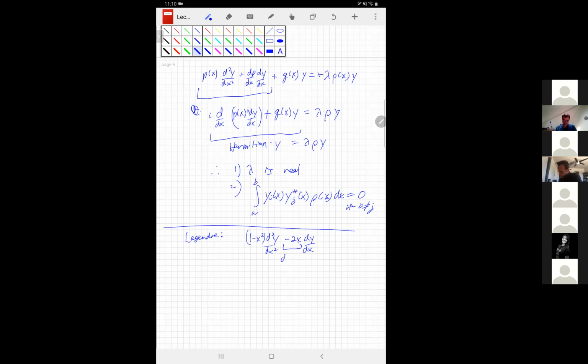Sure enough, this is d by dx of (1 minus x squared dy dx) equals minus L times L plus 1 times y. So that's lambda. And then rho must just be 1.